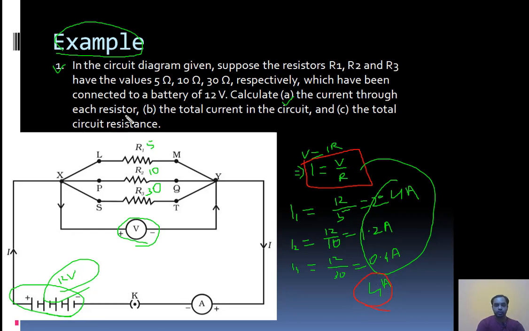Okay, that is B. Then C, the total circuit resistance. What is total circuit resistance? So equivalent resistance.